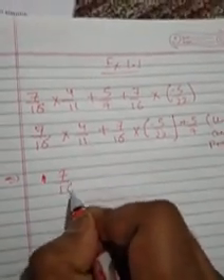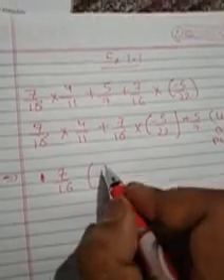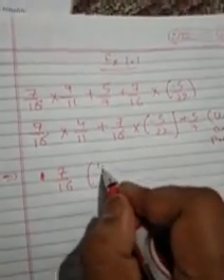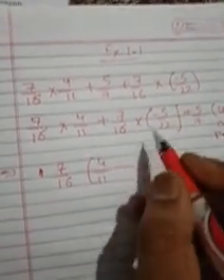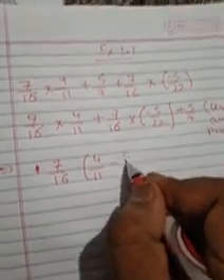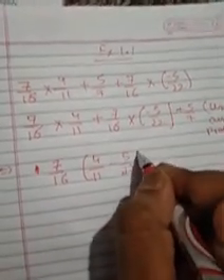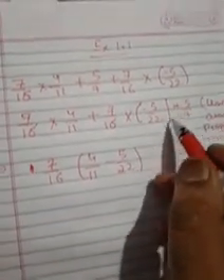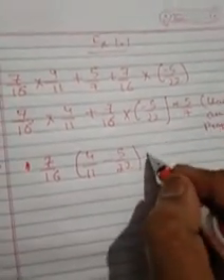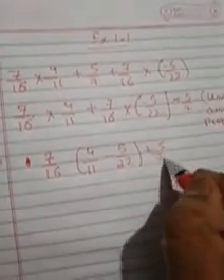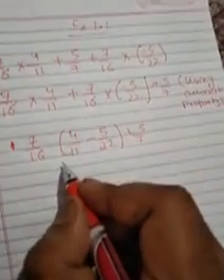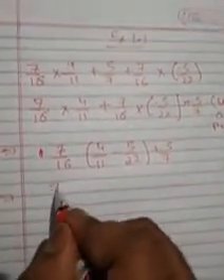Here it will become 4 upon 11 minus 5 upon 22 plus 5 upon 7. Now 7 upon 16.